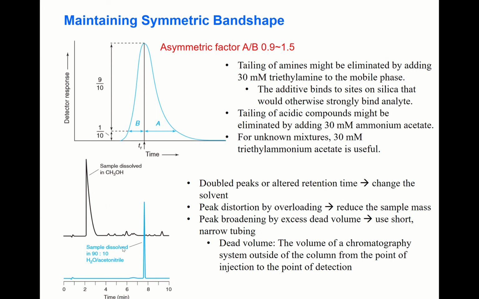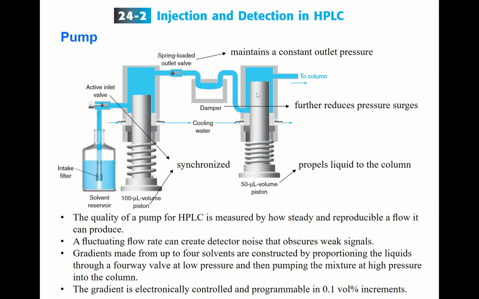In this case, use a different solvent, a mixture solvent of water and nitrogen, whose ratio is 9 to 1. And then you get this very nice looking separation peak. Okay, let's stop here.